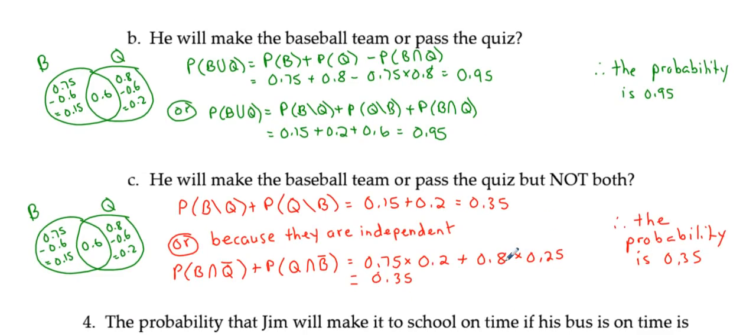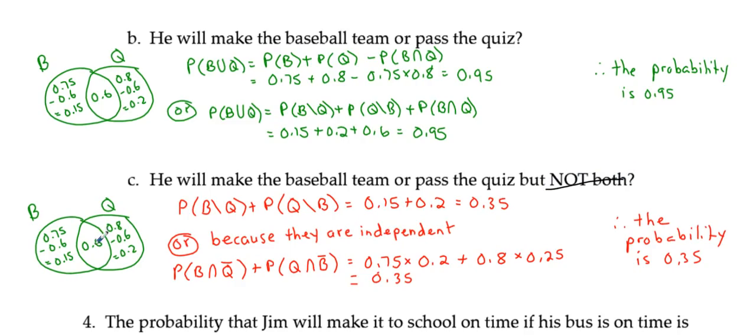For question C, now in this case there are two ways to answer question C because they are independent events. So you can answer question C the same way we answered 2C, where it's B only plus Q only. So it's the probability of the basketball but not quiz, plus the probability of quiz but not basketball, but not both.